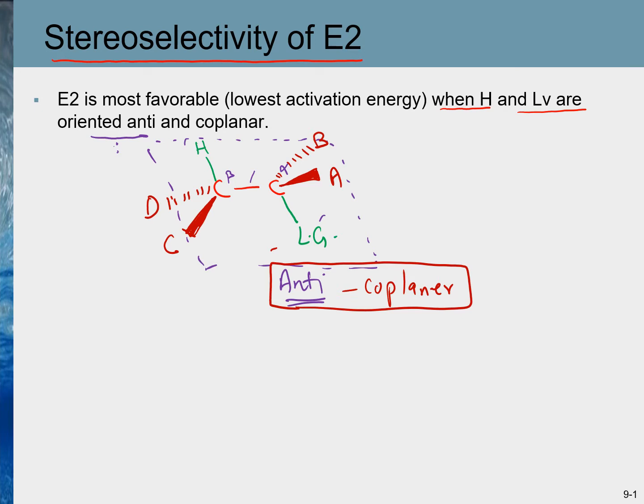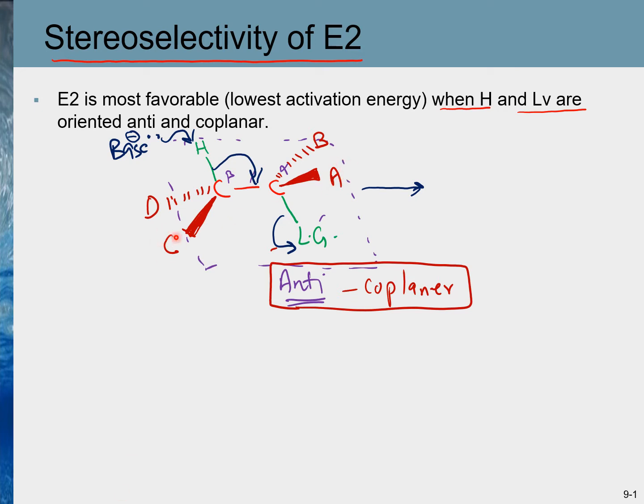In this orientation, the base will attack the hydrogen, and the bond will move to form a double bond, and the leaving group will leave, and we will get a product. Now this is important. Remember, C is projected towards the viewer and A is also projected towards the viewer.